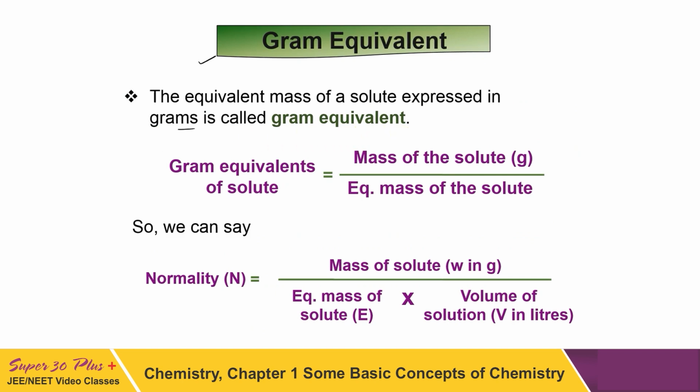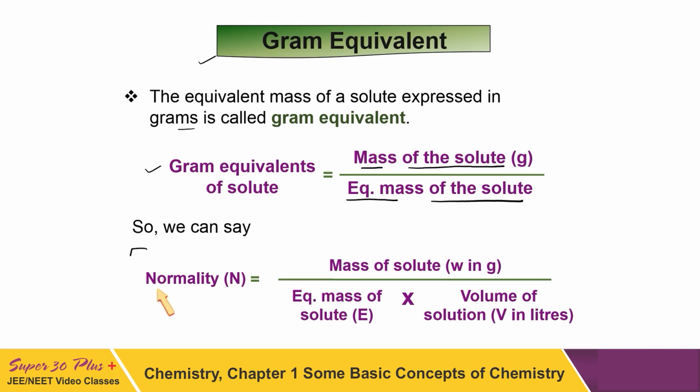So how to calculate the gram equivalent of any solute you have? Gram equivalent of solute is equal to the mass of the solute divided by the equivalent mass of the solute. How do you define the mole? You define the mole by mass upon molar mass. Here, rather than mass upon molar mass, we will say mass upon equivalent mass.